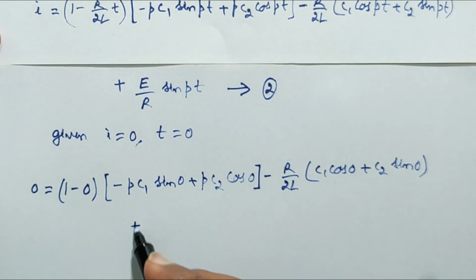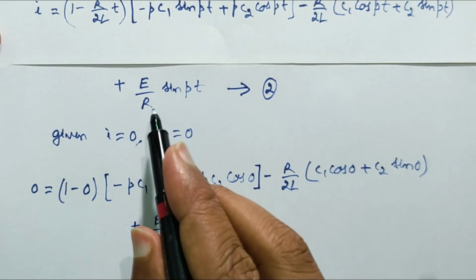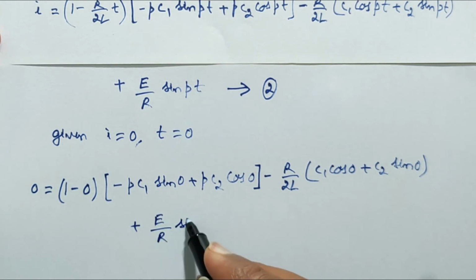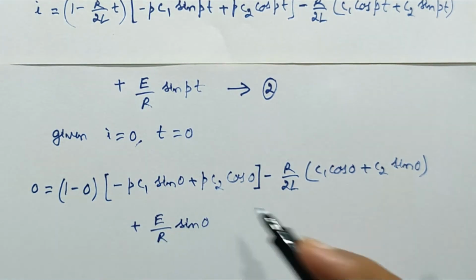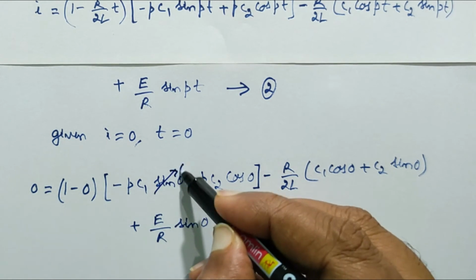Then you have plus E by R into sine of 0. Wherever you have sine 0, it will be 0.